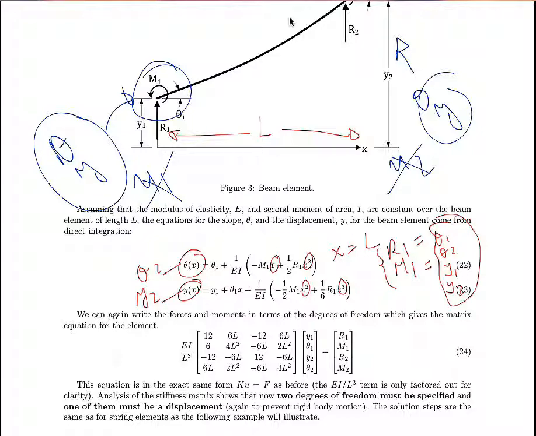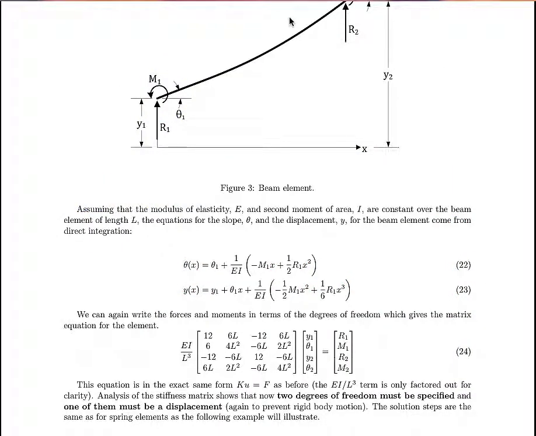If we go from the right, these equations will be R2 and M2 as functions of theta 1, theta 2, y1, y2. Well, this is done for us here, and the final result is equation 24. And equation 24 states that on the right-hand side, the force vector is now generalized to have proper forces R1 and R2, and also moments applied on the nodes M1 and M2.